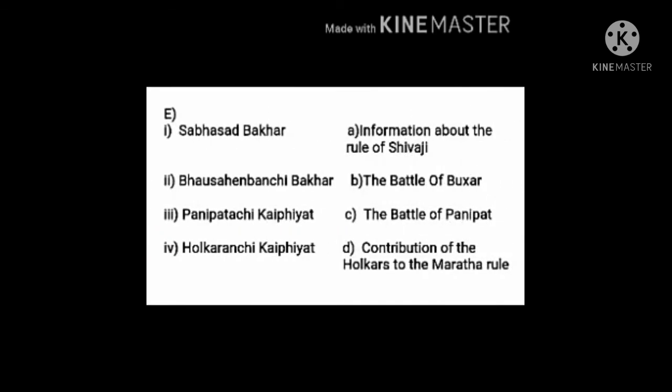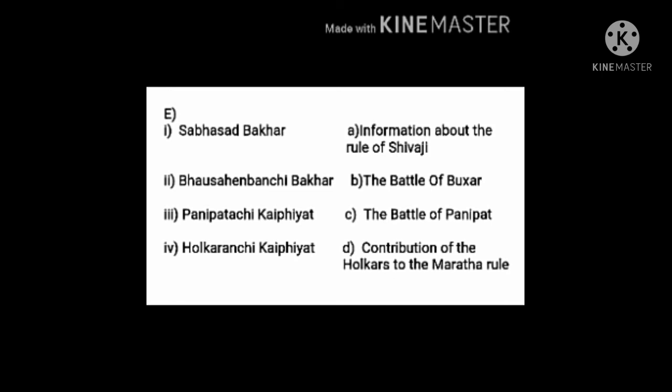Now let's read the last one. Sabhasad Bakhar, information about the rule of Shivaji. Bhausahebanchi Bakhar, the Battle of Buxar. Panipatachi Kaifiyat, the Battle of Panipat. And Holkaranchi Kaifiyat, contribution of the Holkars to the Maratha rule.